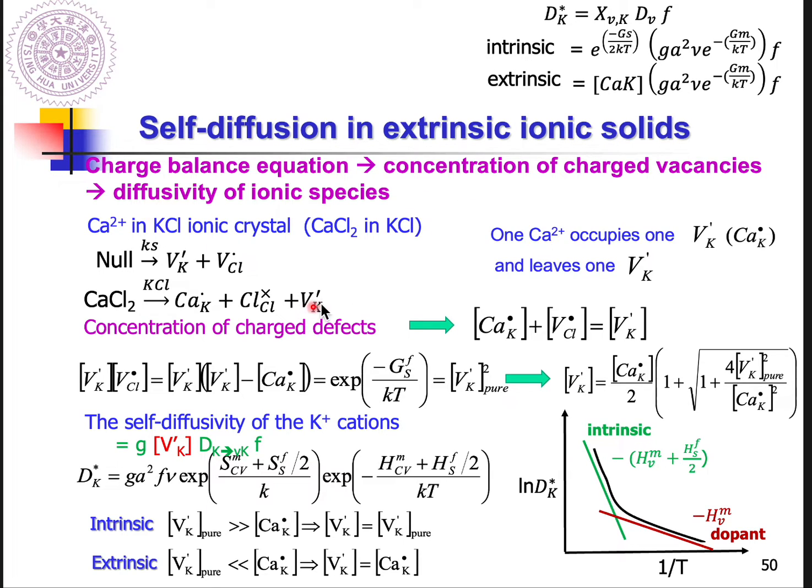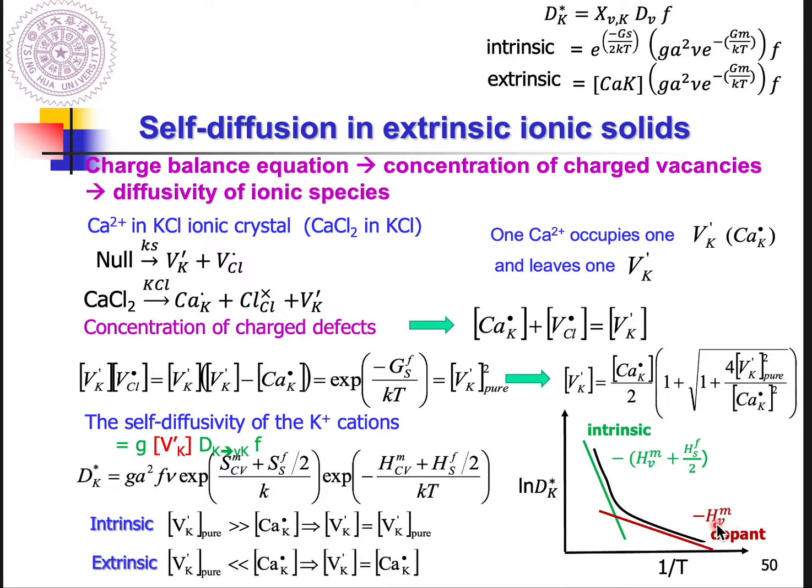If you have a doped potassium chloride, then you can directly measure the diffusivity of potassium ion as a function of temperature. Then you will plot this and get this black curve. After fitting, you can fit this slope and this slope. And based on this slope, you can get the value for vacancy migration energy.